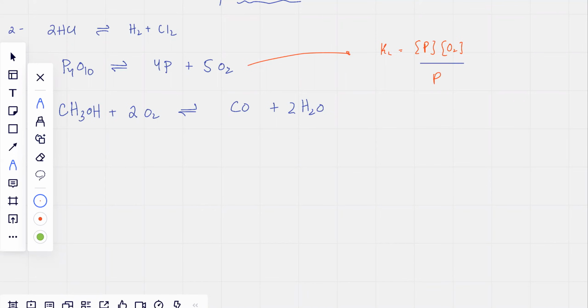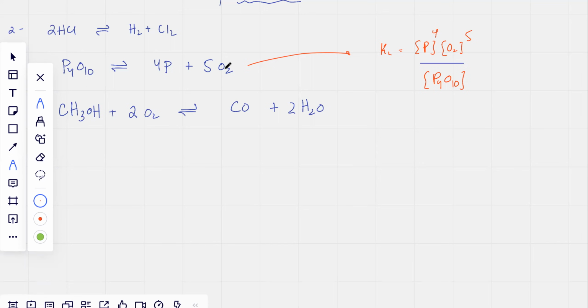The reactant is P4O10, and the coefficient in the equation becomes the power. So over here you've got 4P, so it's going to be P to the power 4. The other one is 5O2, so that's O2 with the power 5, and P4O10 is 1, so that's your expression.